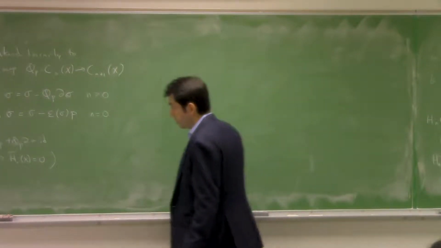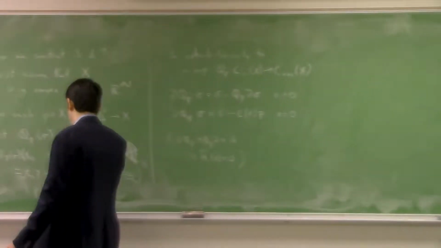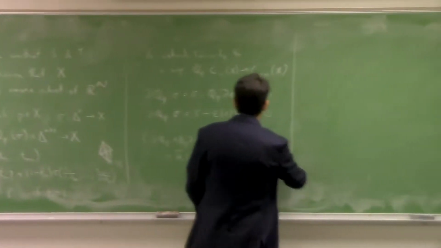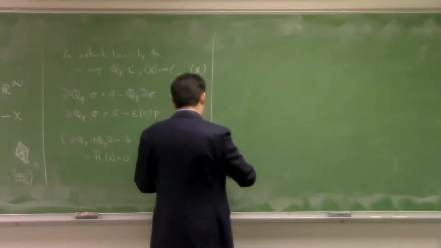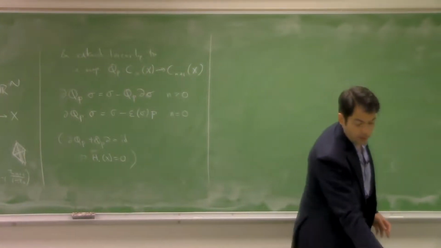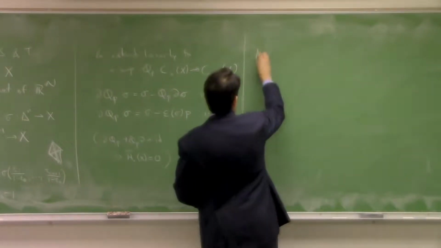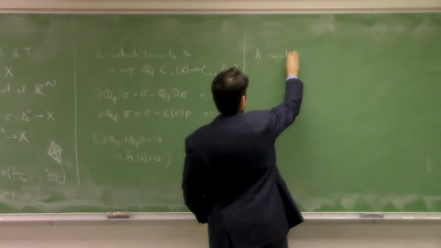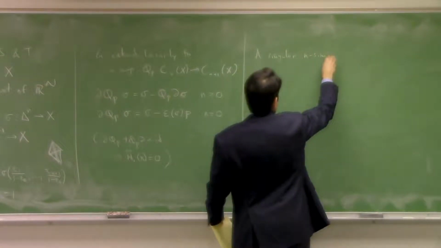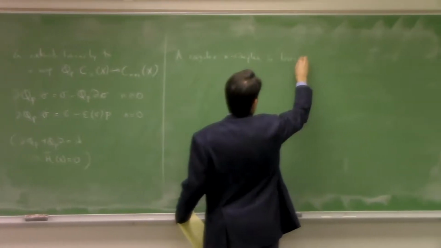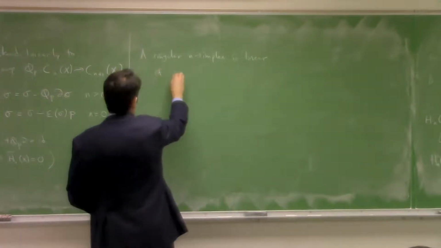Okay, well, because we're in R^n and we can talk about linear combinations, we're going to restrict to simplices that are linear. So we'll say that a singular n-simplex sigma is linear if it's linear.